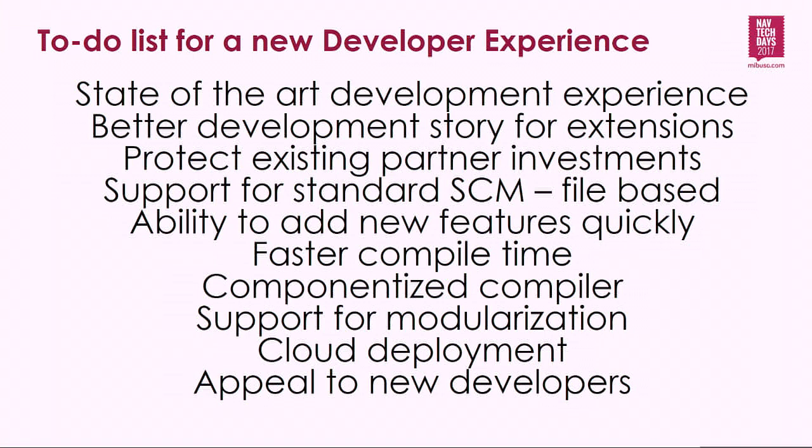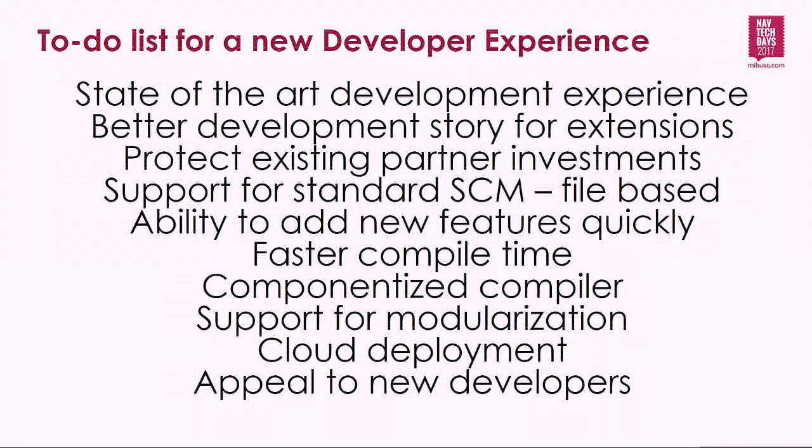And we of course also wanted to protect all the investments you have made into Seaside, AL, and NAV. And we wanted to be file-based. We want to get out of the database and allow you to use all standard tools for doing whatever you want to do.